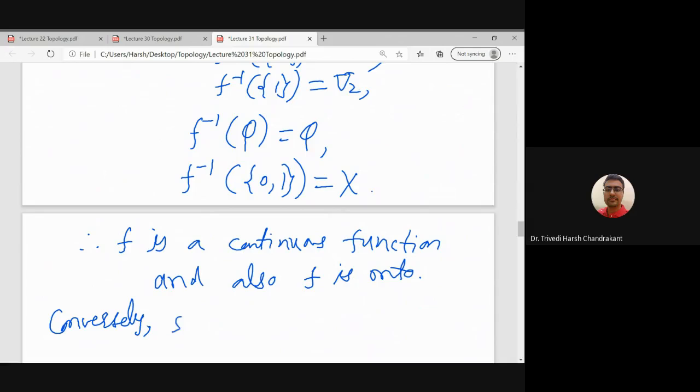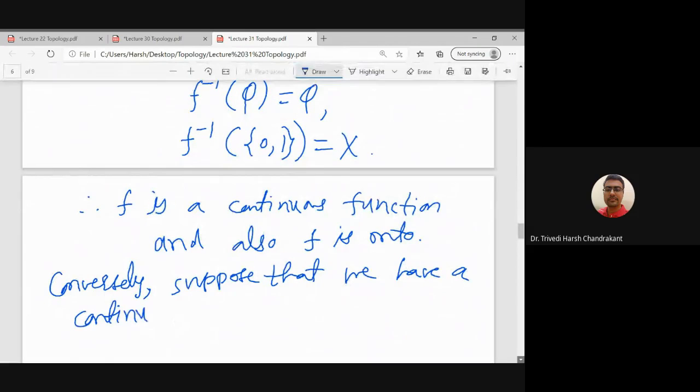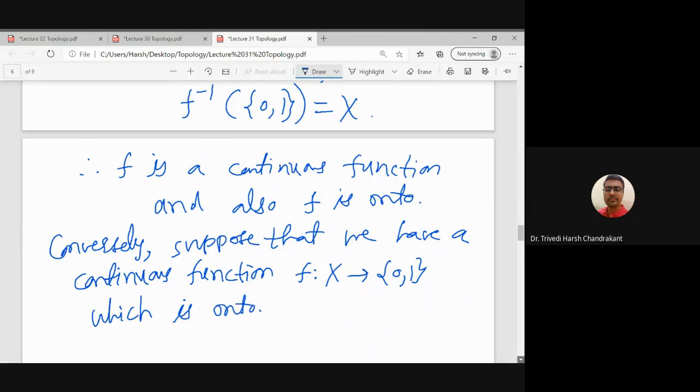So conversely, suppose we have a continuous function f from X to {0, 1} which is onto, right?